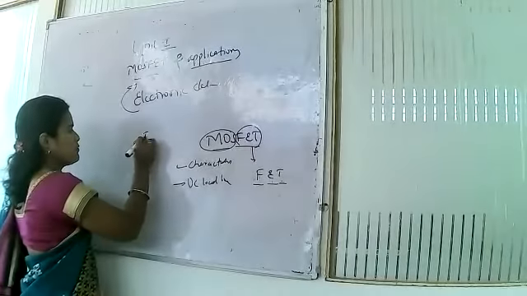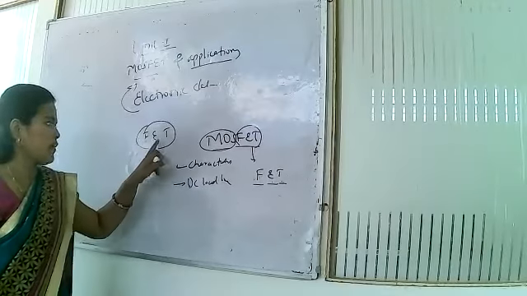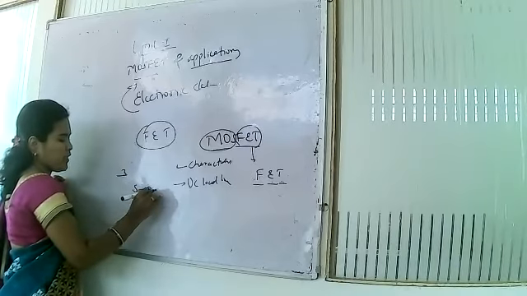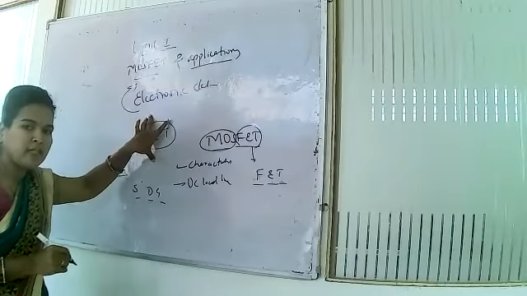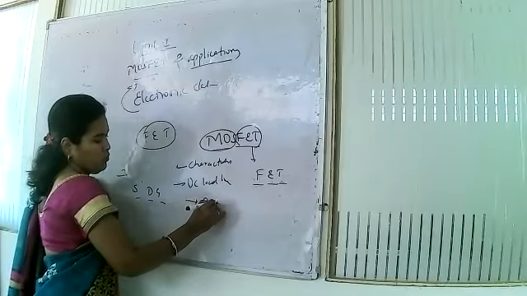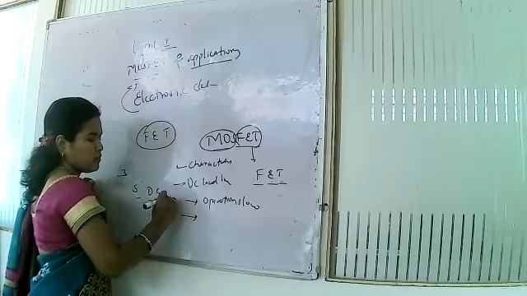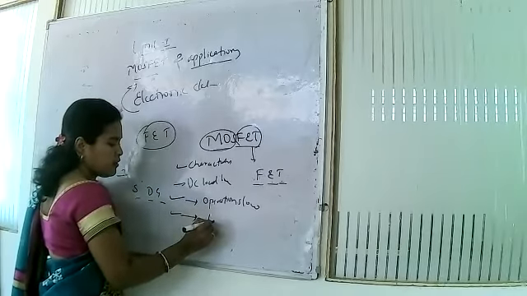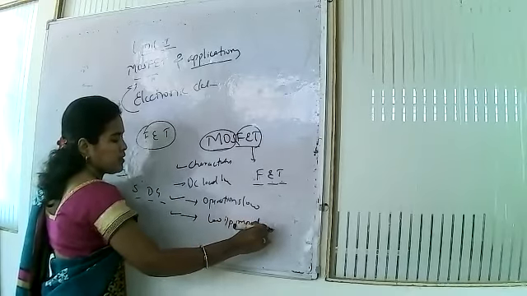See, you have already studied in the diploma the FET, field effect transistor. It has three terminals: source, drain, and gate. This FET has some disadvantages. What are those? Its operation is slow, and the next thing is that it has low input impedance.